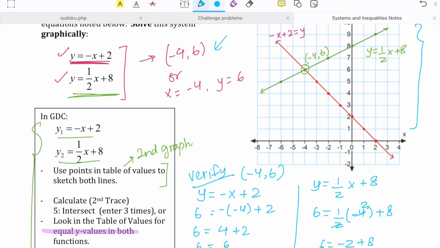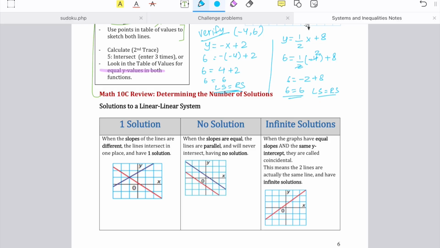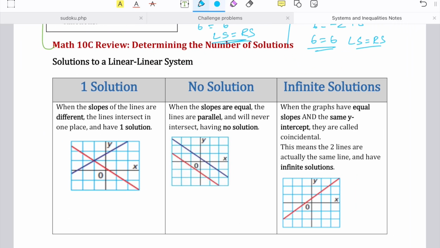Good? Okay. Now, another thing, when we have linear equations or a linear system, when the slope of the lines is different, you know it's going to intersect and have one solution. When the slopes are equal, the lines will be parallel, hence no solution, right?